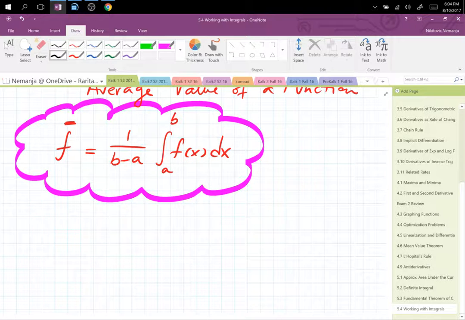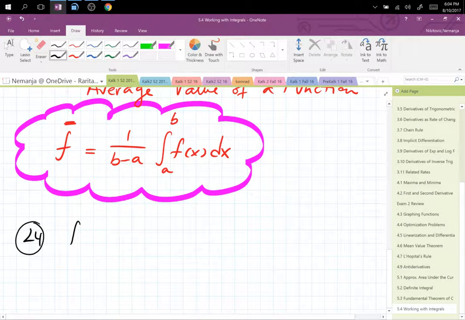So find the average value. Let's go with problem 24, because I know how much you love trig. f of x is cosine 2x, and the interval is negative pi over 4 to positive pi over 4.